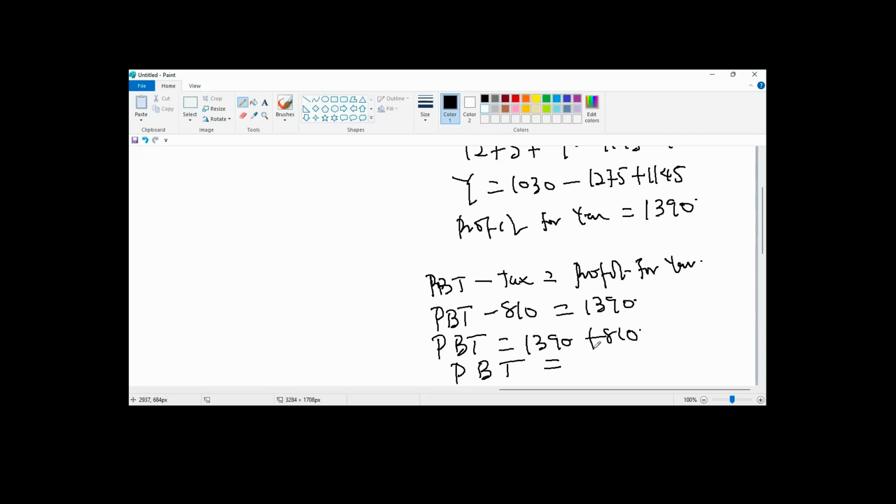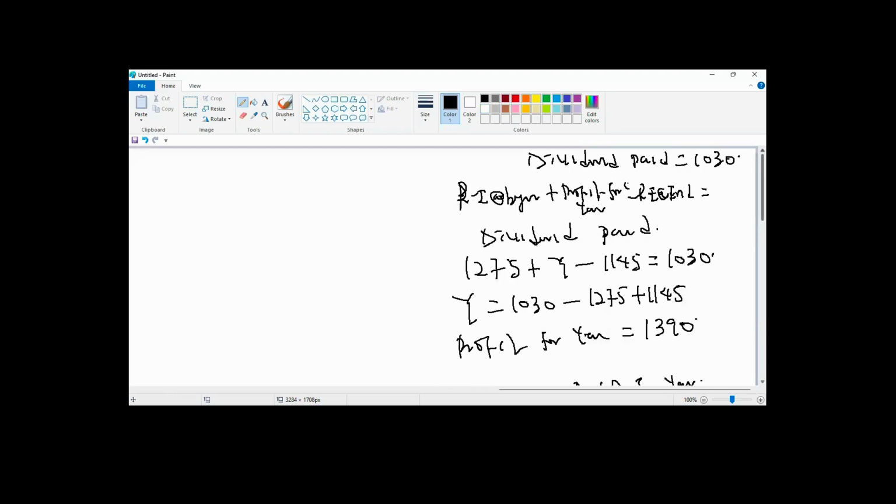I'm coming, don't worry. It's here at the beginning. Let's go back. Let me check. Retained earnings at the beginning, 1275, plus profit for the year, which we are looking for, minus retained earnings at the end, which is 1145, equals dividend paid. Correct.